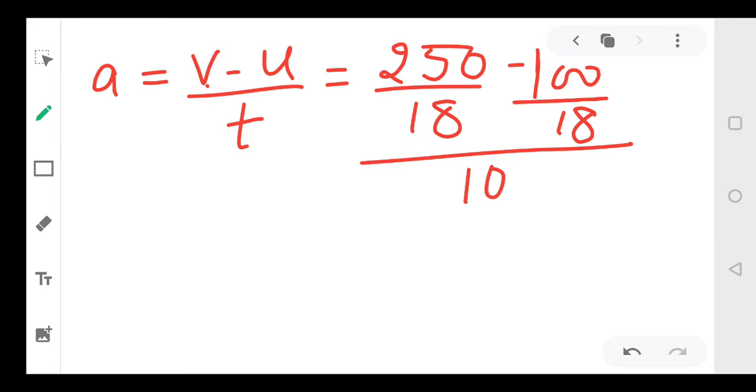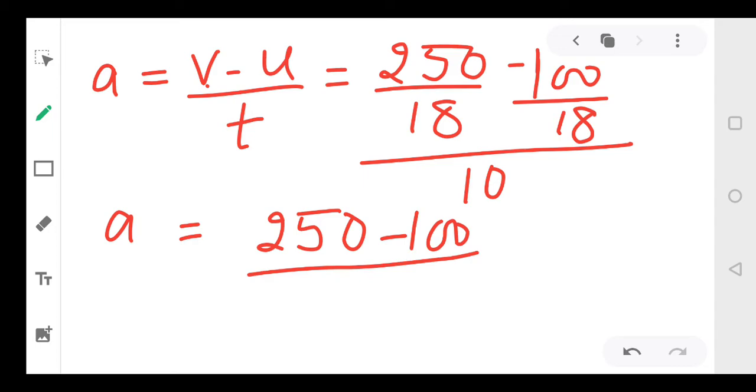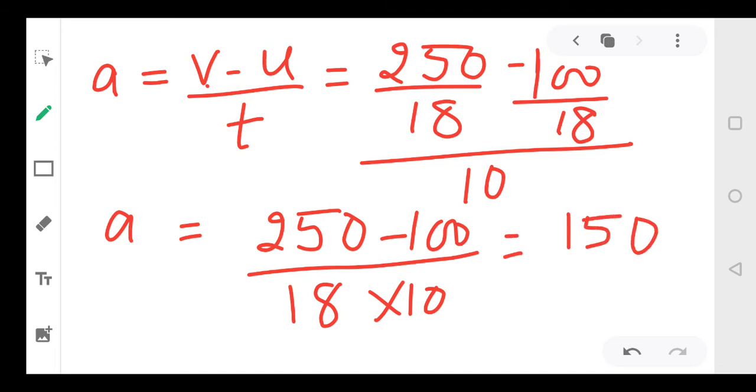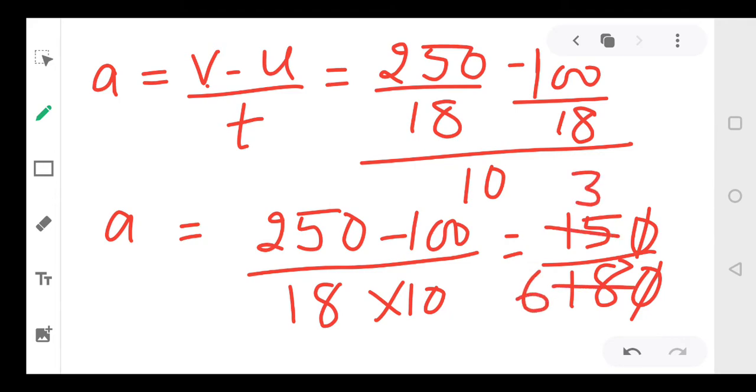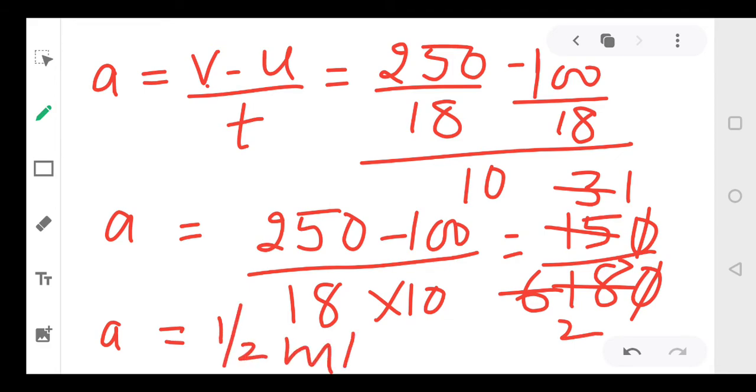So A is equal to 250 minus 100, because 18 is the same, upon 18 into 10. So it is 150 upon 180. Just cut it. 5 3s are 15, 5 6s are 18. 3 1s are 3, 3 2s are 6. So your acceleration is 1 by 2 meter per second square.